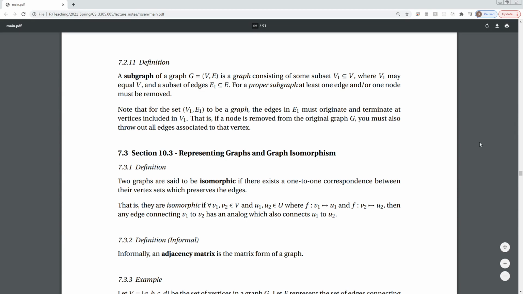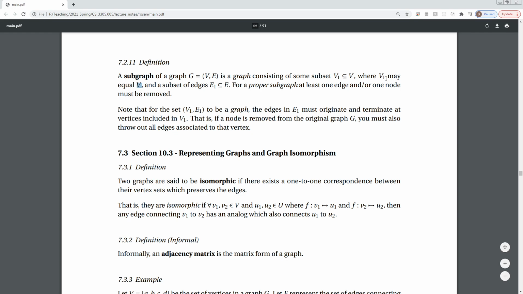Okay. So now a subgraph of G, where again we've defined the graph as a pair of vertices and edges, is something that is itself a graph, consisting of some subset of the initial set of vertices, where V1 may in fact equal the initial set V. Sometimes we restrict the vertices to some subset of vertices.